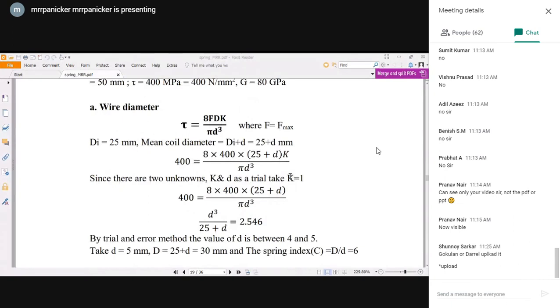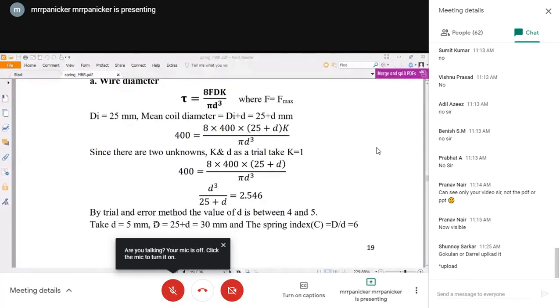So you can take a trial method. This K, you initially take it as 1. Then you can find the value of d, 4 or 5, or take 5.